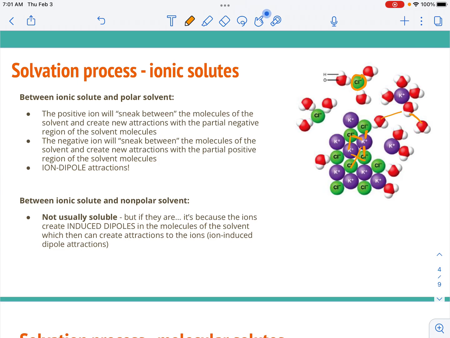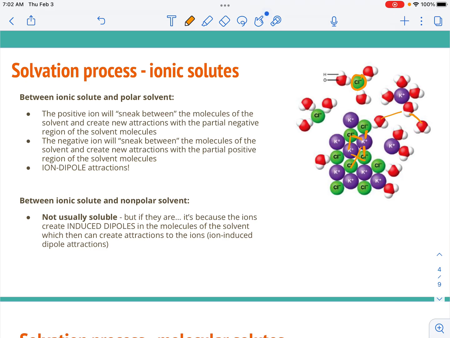Remember that this was part of what we talked about as London dispersion forces: induced dipoles are when the negative end of a polar molecule bumps up against a nonpolar molecule and repels the electrons to the other end. It creates a positive end in the region that's closest, and then they're attracted to each other.